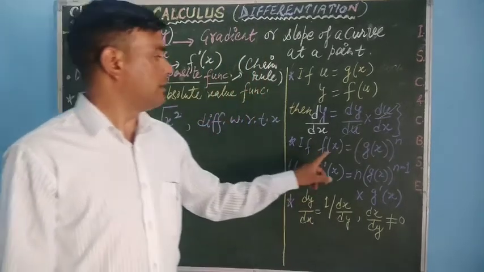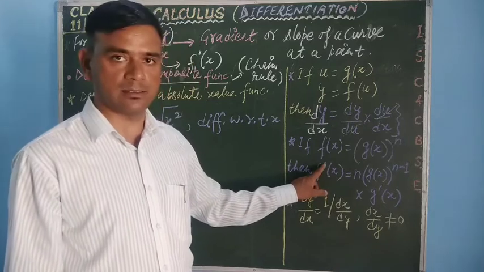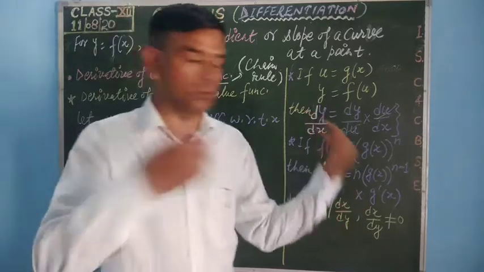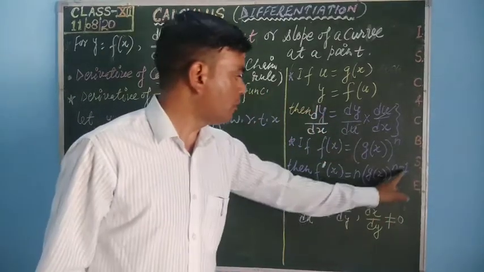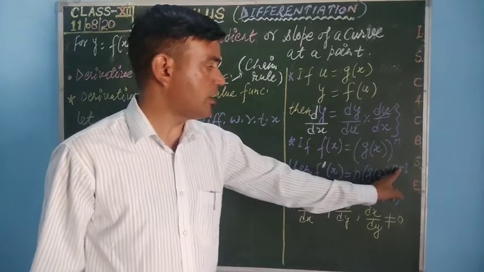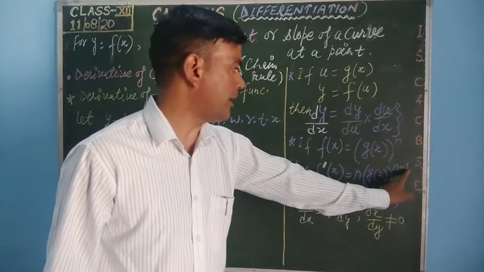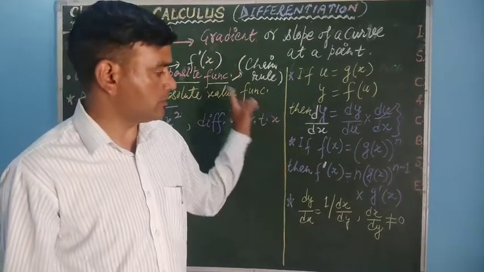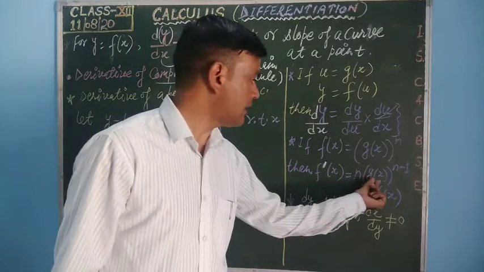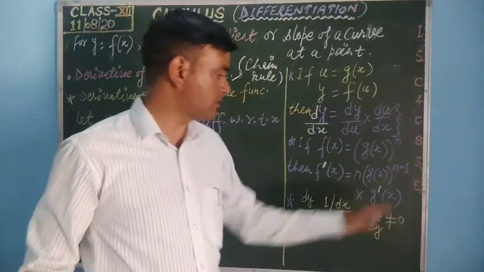So the derivative is denoted as f'(x), or dy/dx, that is equal to, according to the chain rule, the power goes to the front and 1 is deducted from the original power, so n(g(x))^(n-1), multiplied by the derivative of the inner function g(x), that is g'(x). Later in some examples we will discuss this.